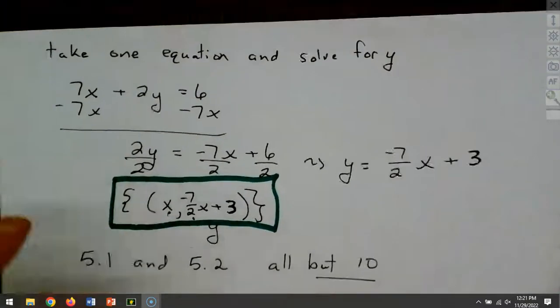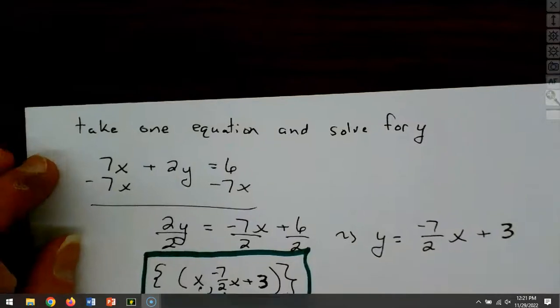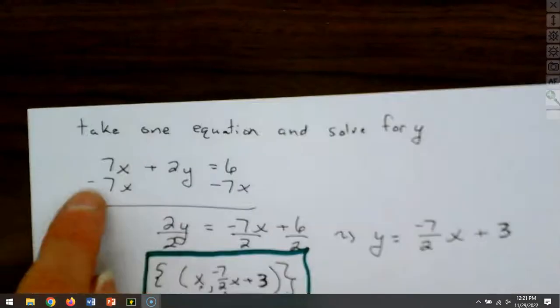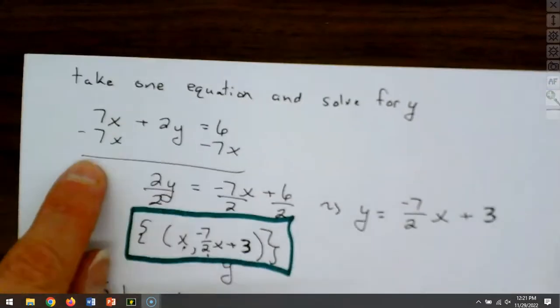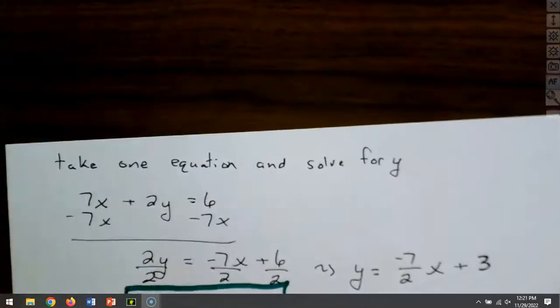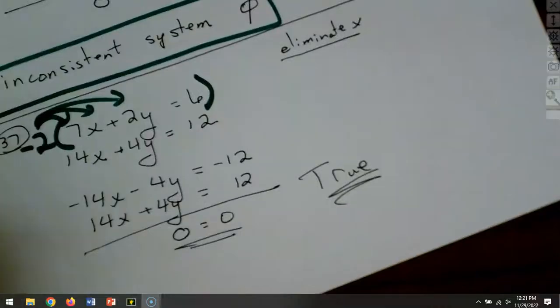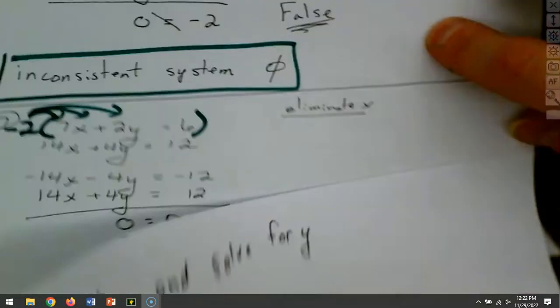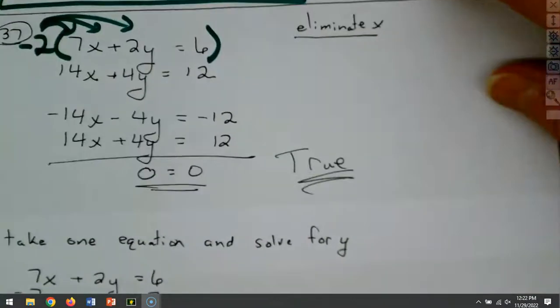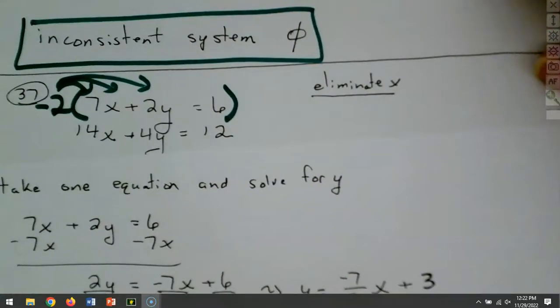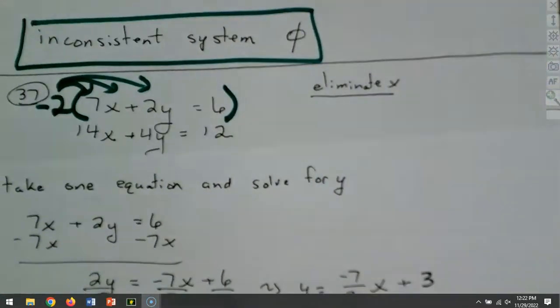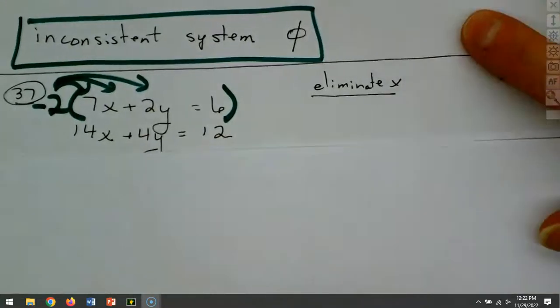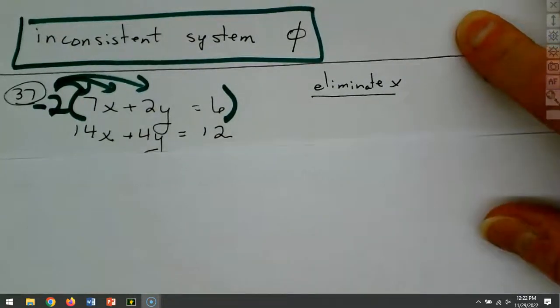Okay. So you see how I got... what I did was I figured out that it had an infinite number of solutions. So then I go back to the original, and I said, I need to solve one of these equations for y.